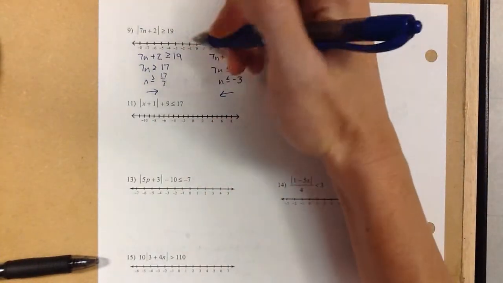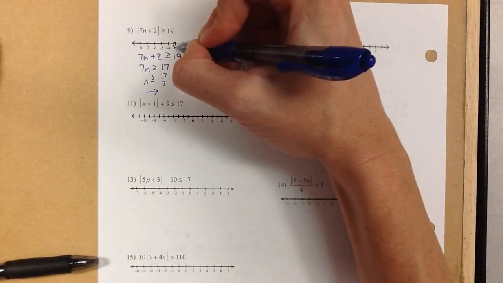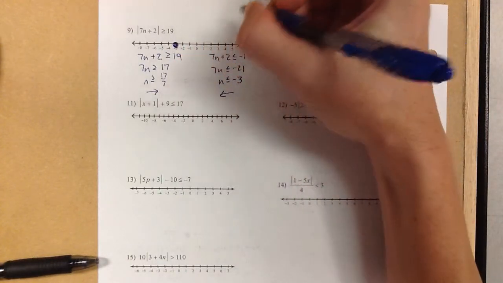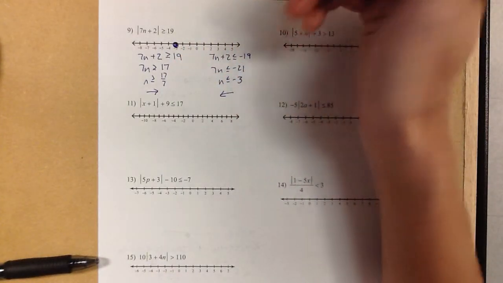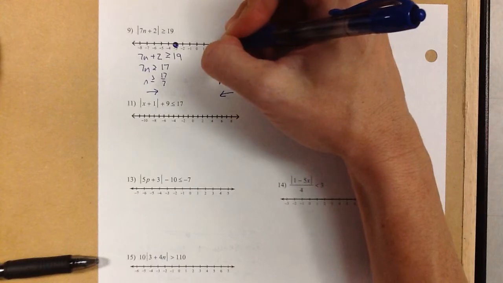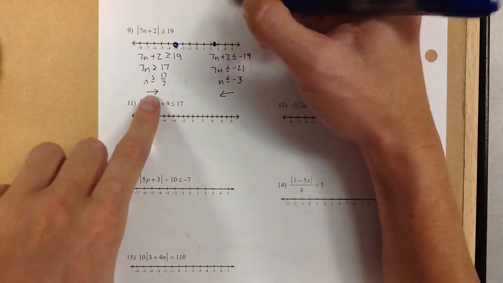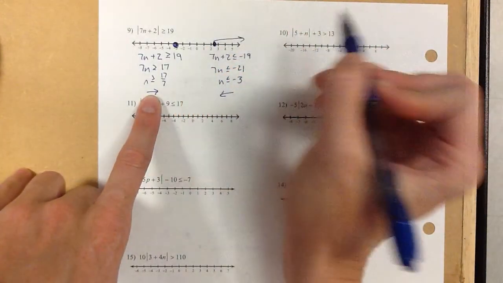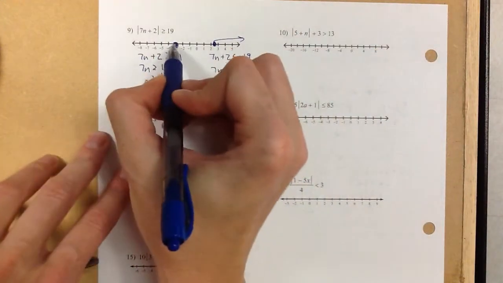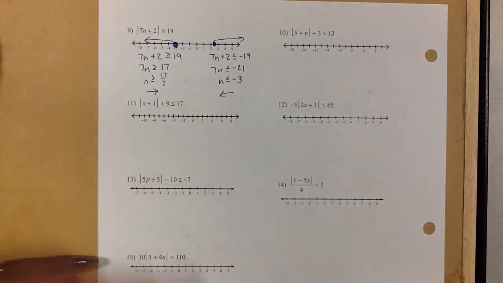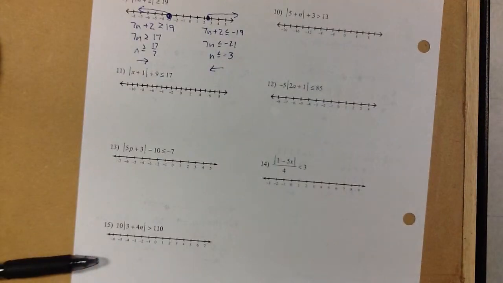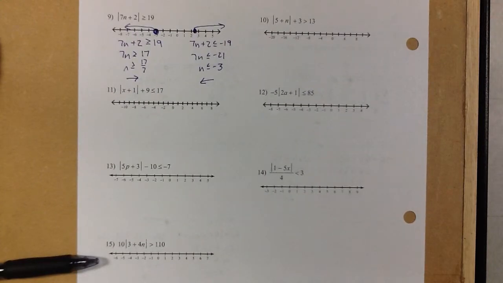So I have a closed point at -3 and a point at 17/7, which is a little more than 2. I'm going to the right of 17/7 and to the left of -3. So this is all of you at people.